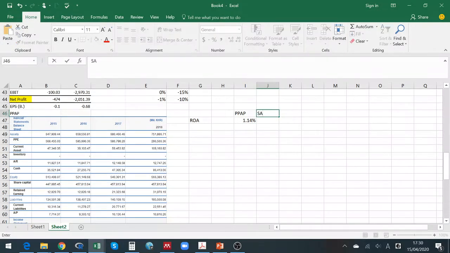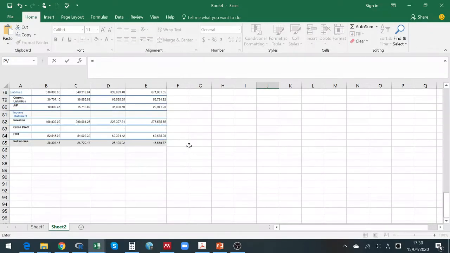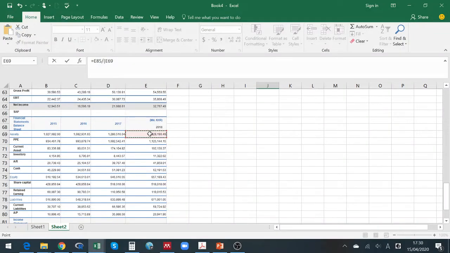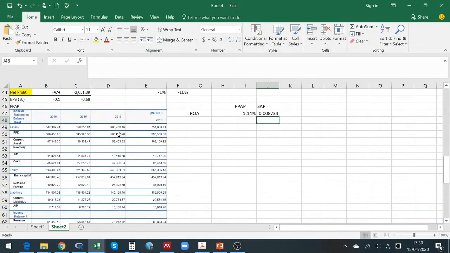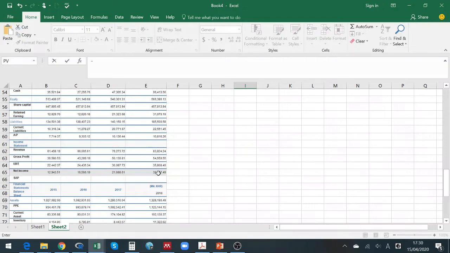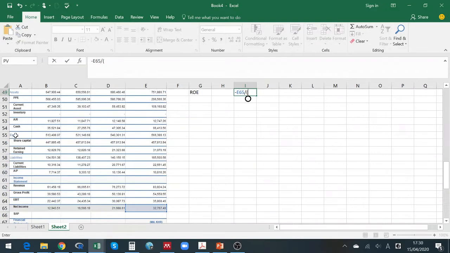How about SAP? Same thing. It's net income divided by assets of this year plus assets of last year, divided by 2. Then you get this number. How about ROE? ROE is equal to net income this year divided by, this time, equity, not assets anymore.